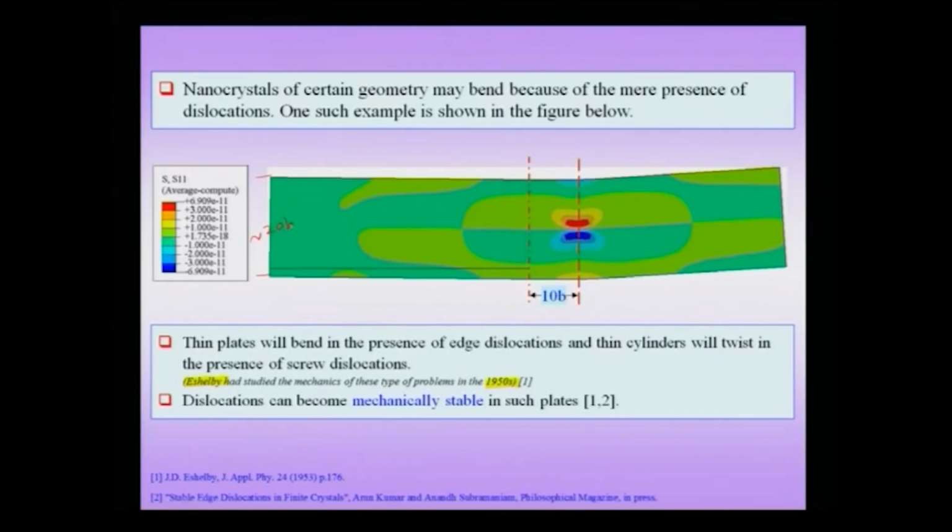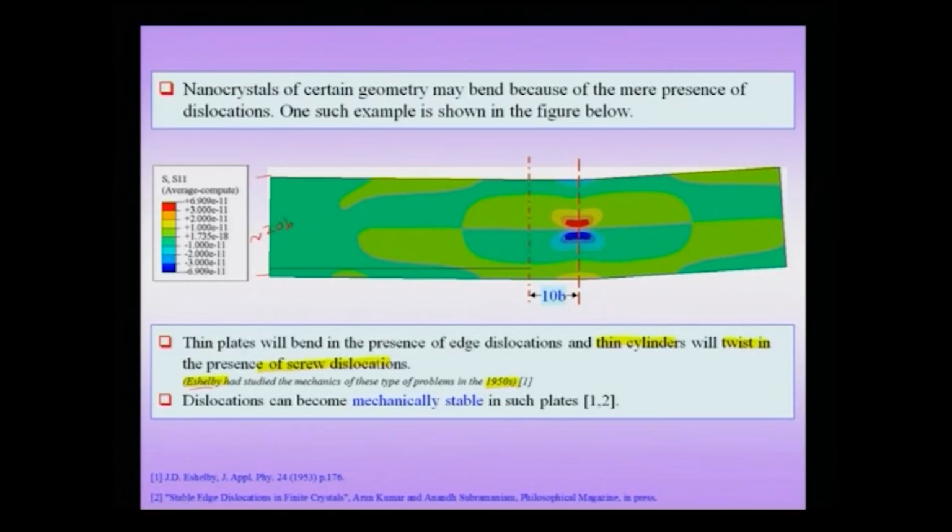It is important to note that originally, of course, Eshelby also studied dislocations in thin cylinders, and the kind of dislocation he talked about was actually a screw dislocation in thin cylinders, and these cylinders will tend to twist in the presence of a screw dislocation. So, now there are two types of domain deformations possible.